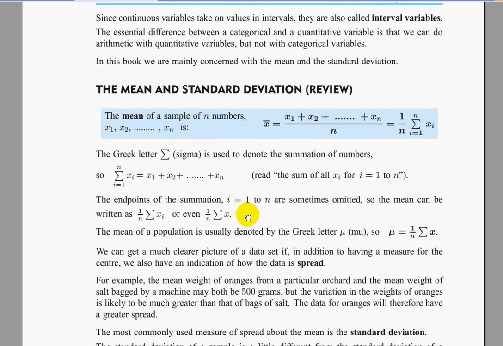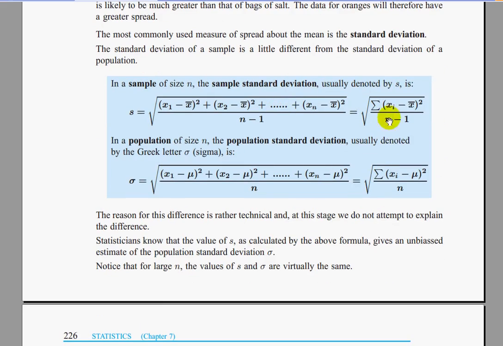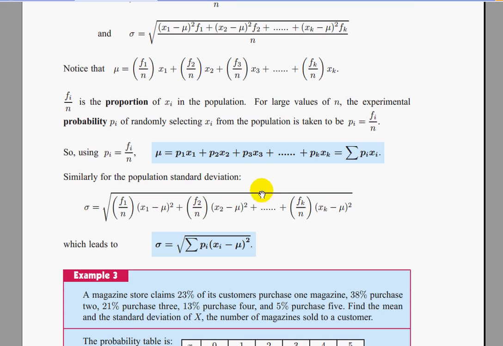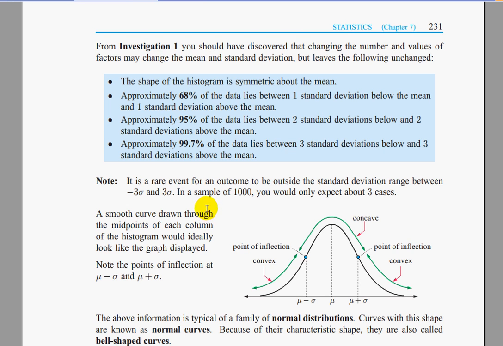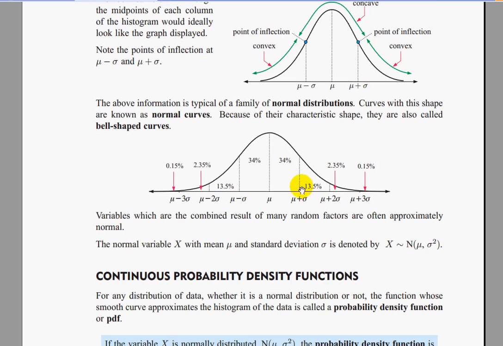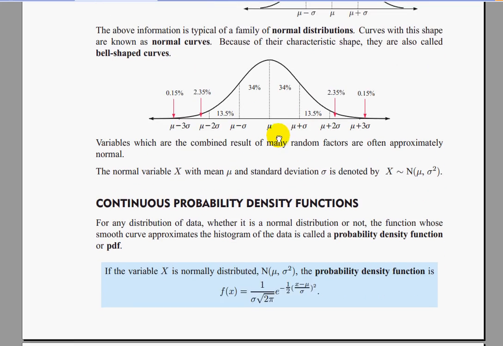So these 3 are very important. Some of the basic formulas you should know: finding the mean, standard deviation, sample and populations, and also the mean and standard deviation of sample populations if you're given the proportion. The empirical rule will be useful. This is represented graphically as follows: the normal curve, and the idea of standard deviation from the mean.